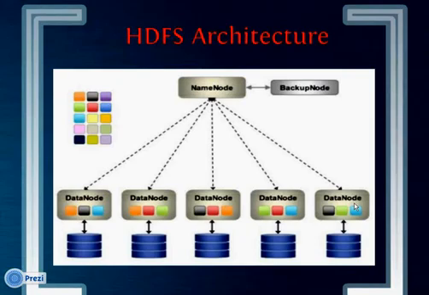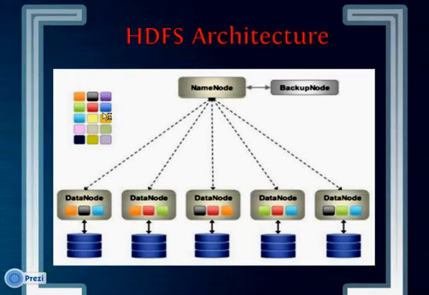So this is all about HDFS architecture. Now let's discuss these colorful blocks. What are these colorful blocks? 3 times 5 makes 15 colorful blocks. These colorful blocks are nothing but parts of your file.